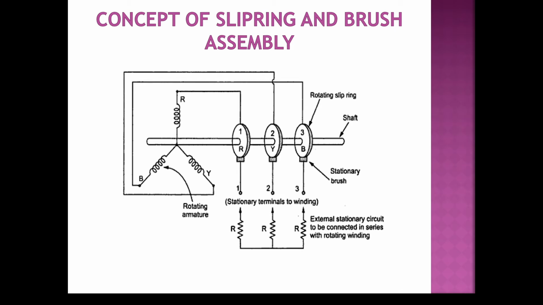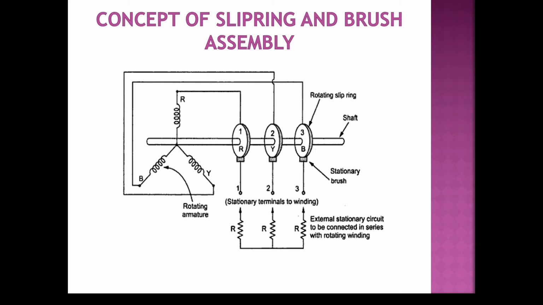In three-phase alternators, the armature will consist of three-phase winding and AC EMF will get induced in these windings. So after connecting windings either in star or delta, these windings will be brought out. So across these terminals, three-phase supply will be available. The armature will be rotating and a stationary load cannot be connected directly to the armature. So that is why slip rings are used here.